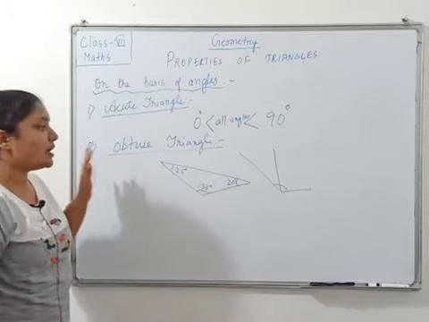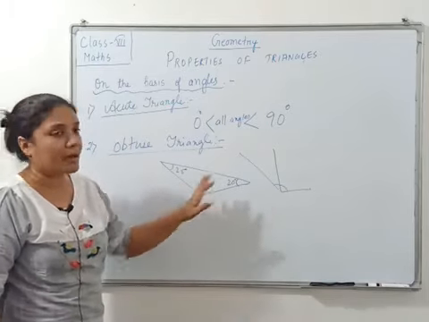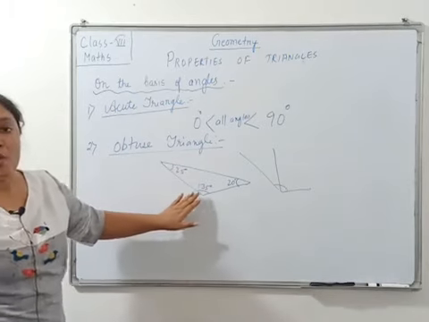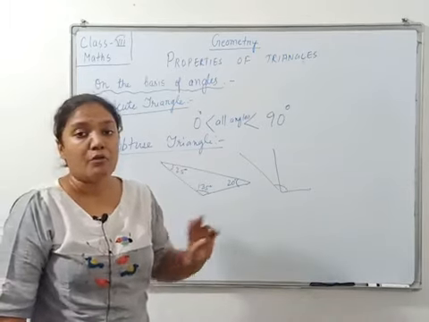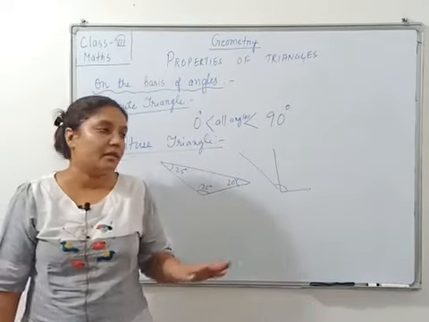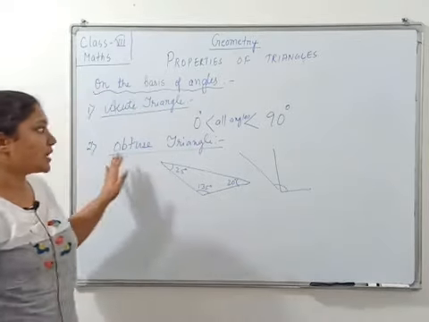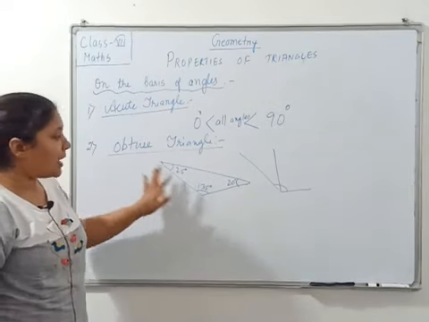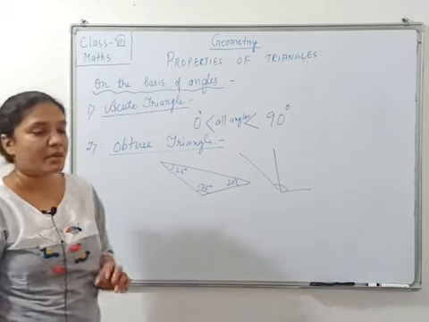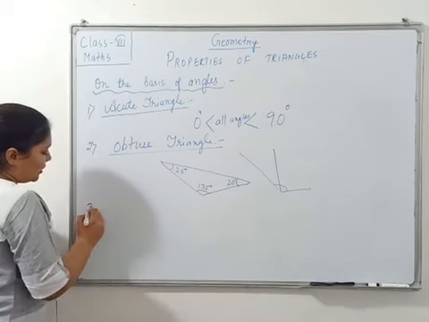In obtuse angle triangle, any one angle can be more than 90 degree, either this or this. Any one angle out of the three should be more than 90 degree. Then only it will be obtuse angle triangle, right? But the other two angles also should be less than 90 degree. Remember this thing, okay?